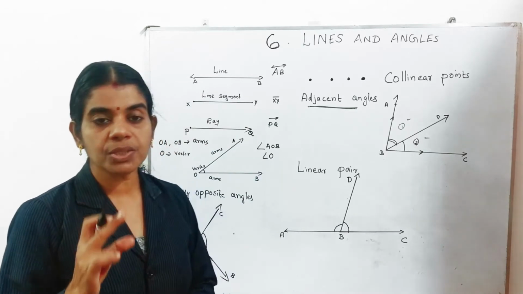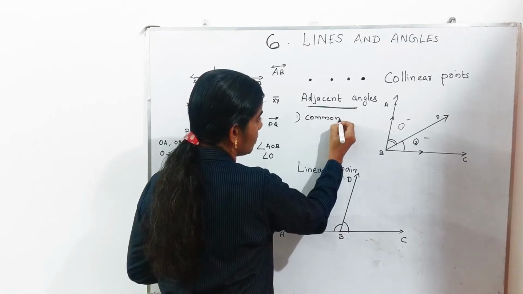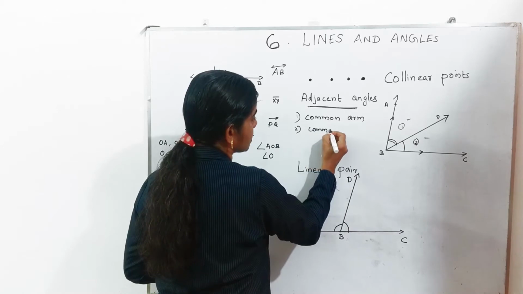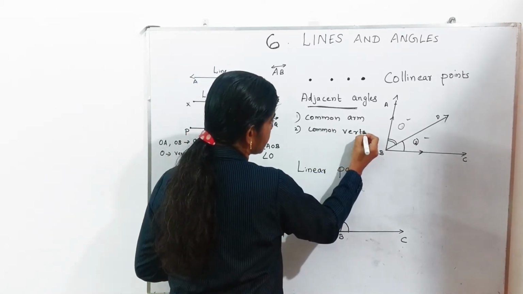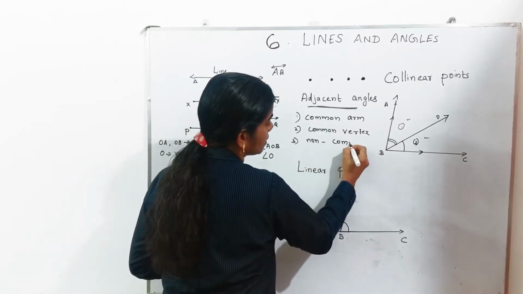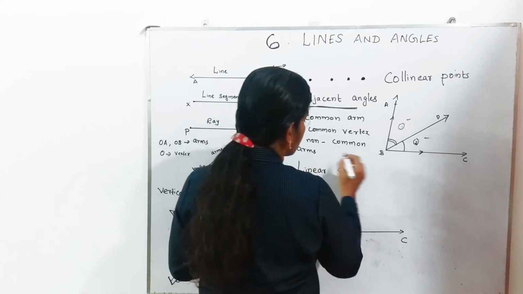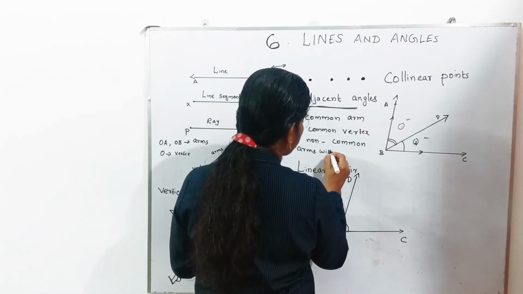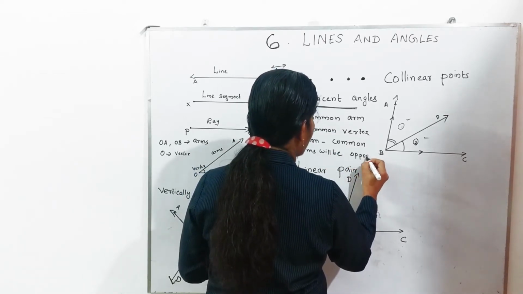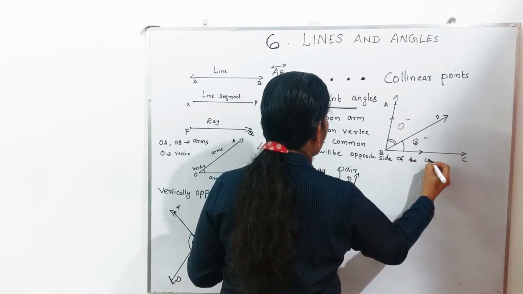First, the two angles must have a common arm. Second, a common vertex. Third, the non-common arms must be on opposite sides of the common arm.